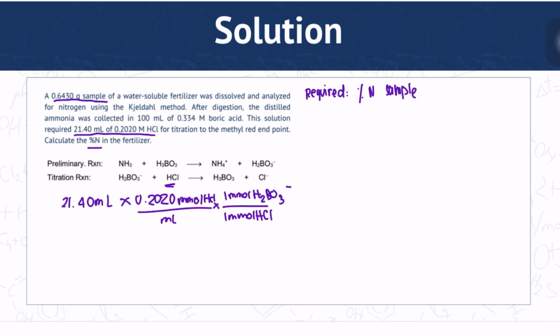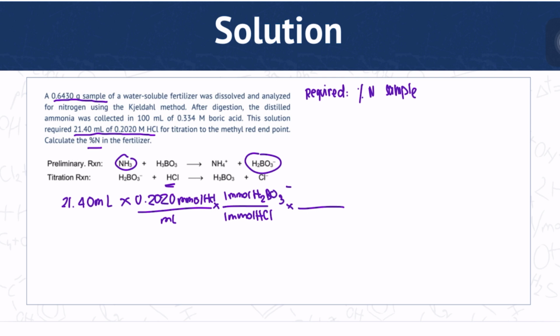So that is what I use as my basis. And then multiplying that from there, you know this, which is an important aspect to know, because you can stoichiometrically determine this, which will tell you the amount of nitrogen in the fertilizer.